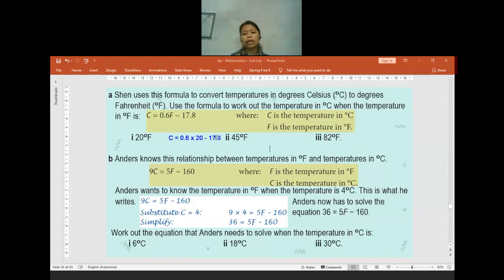There is multiplication and also subtraction. We do multiplication first. 0.6 times 20 equals 12. So we write 12 minus 17.8. 12 minus 17.8 equals negative 5.8.